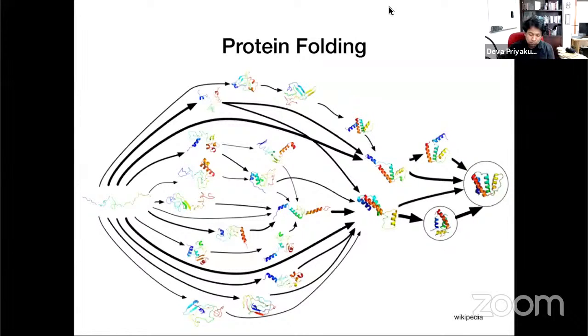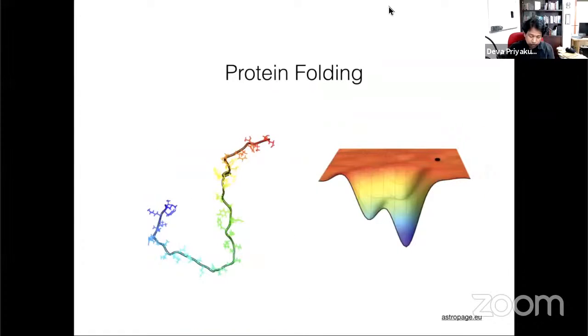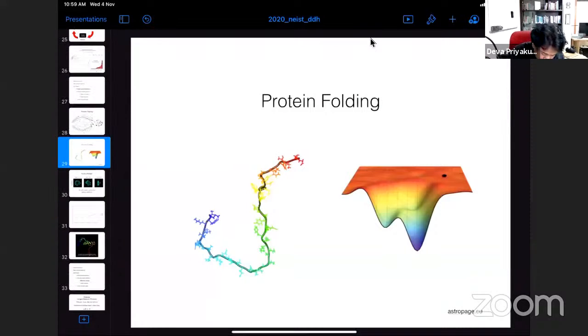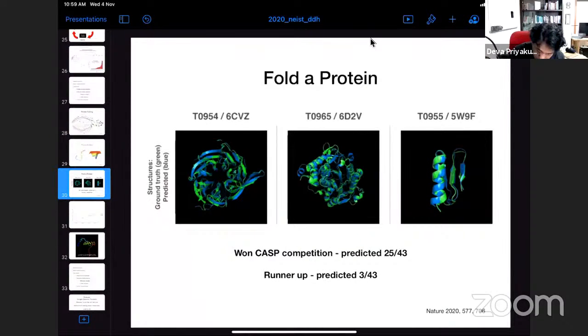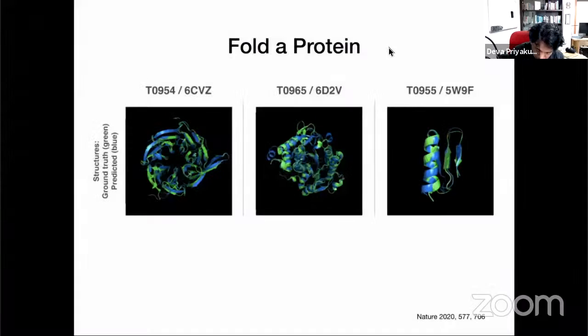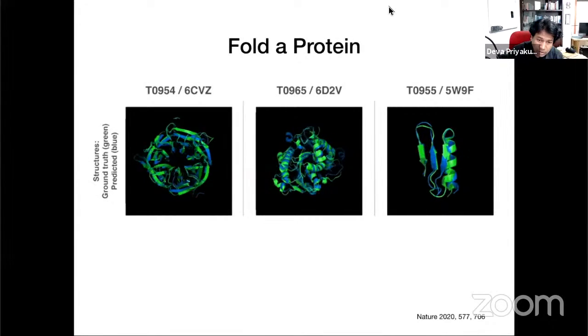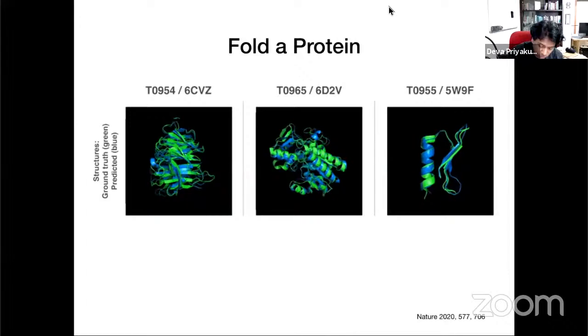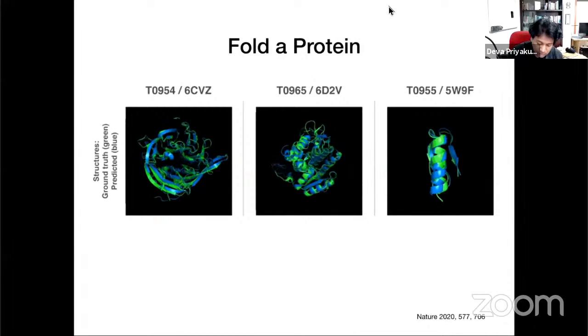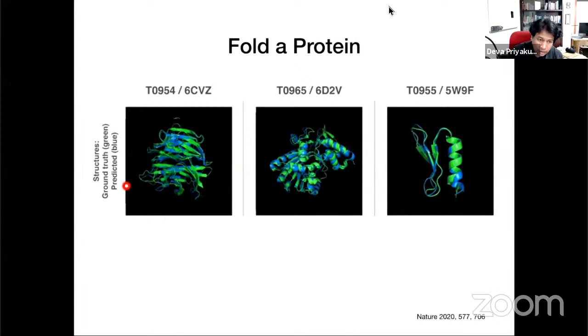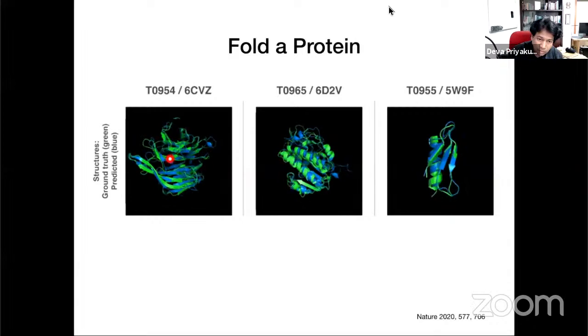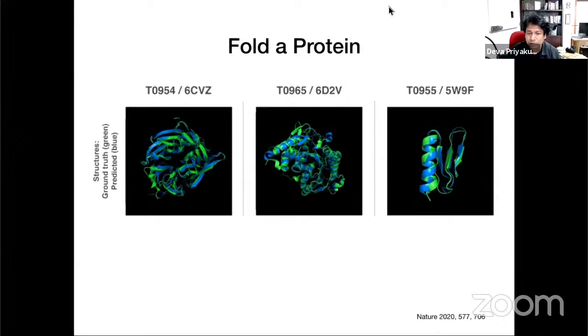Okay, so I'm not going to go into the details of how this is done. I'm just showing you the results. As you can see, the ground truth, the actual experimental structure, is given in green, and the predicted is given in blue, for 3 different proteins.